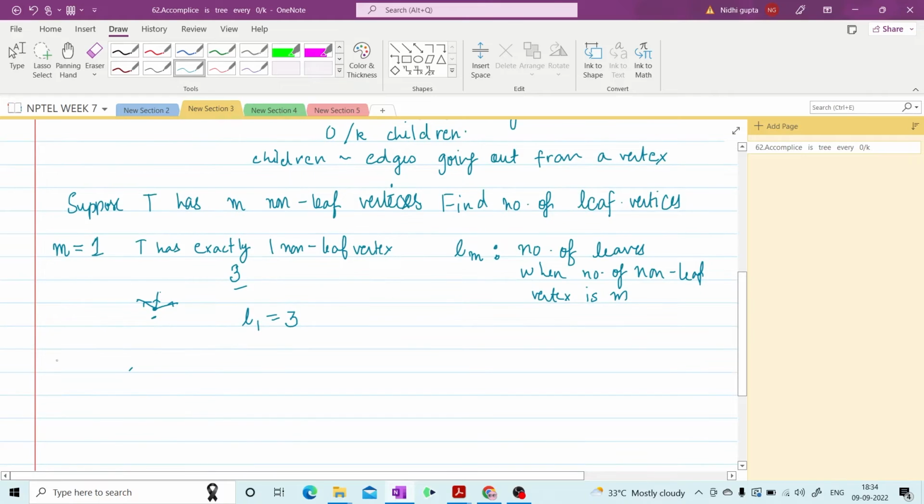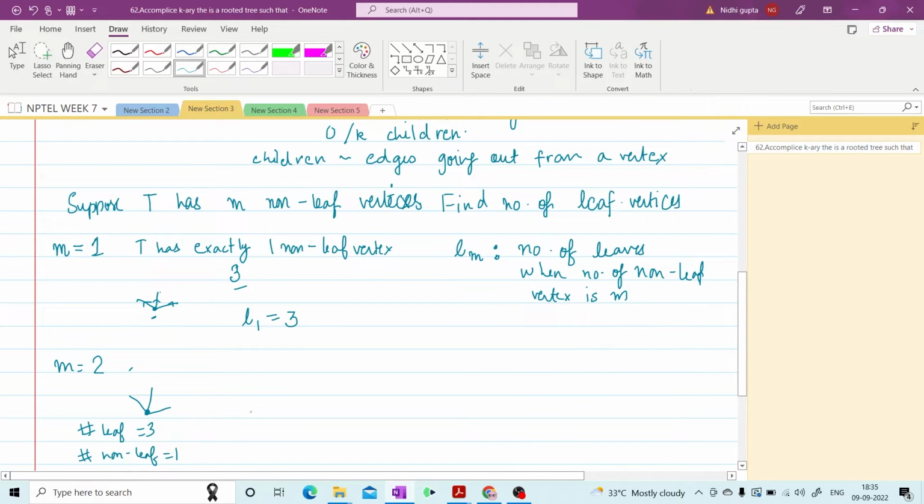Now if m is equal to 2, we start with a root. It cannot have degree 0, because we need at least 2 non-leaf vertices, so this vertex will have degree 3. Now in this graph, the number of leaves is 3 and the number of non-leaves is 1. But we want one more non-leaf, so exactly one of these 3 vertices will be a non-leaf.